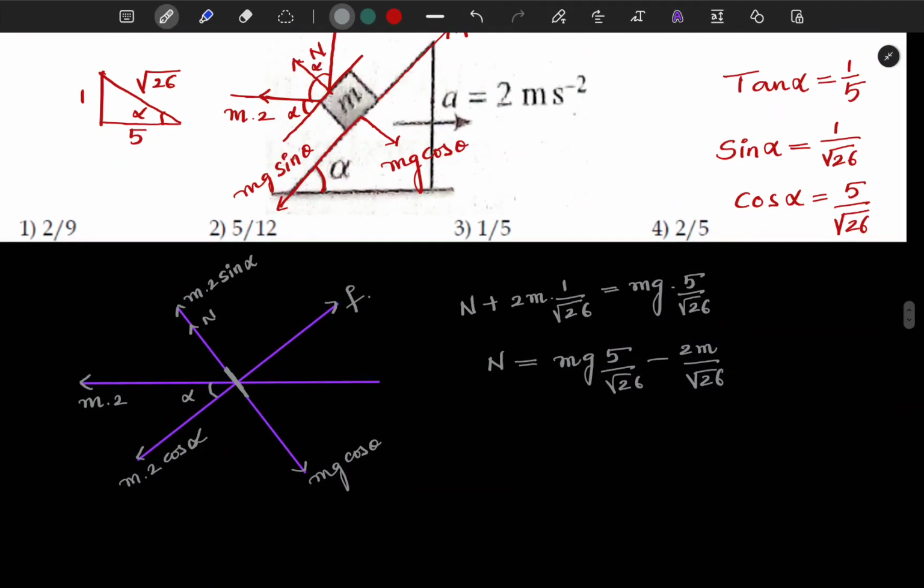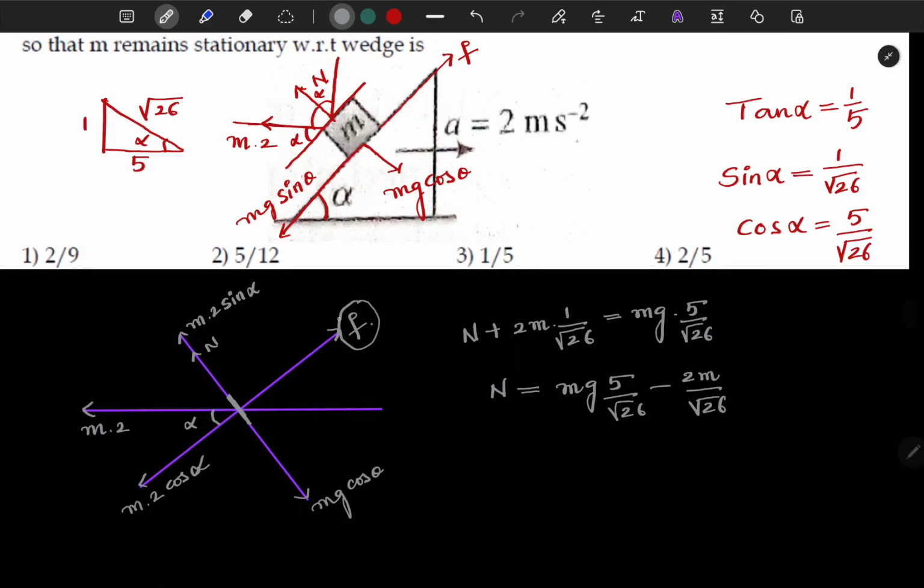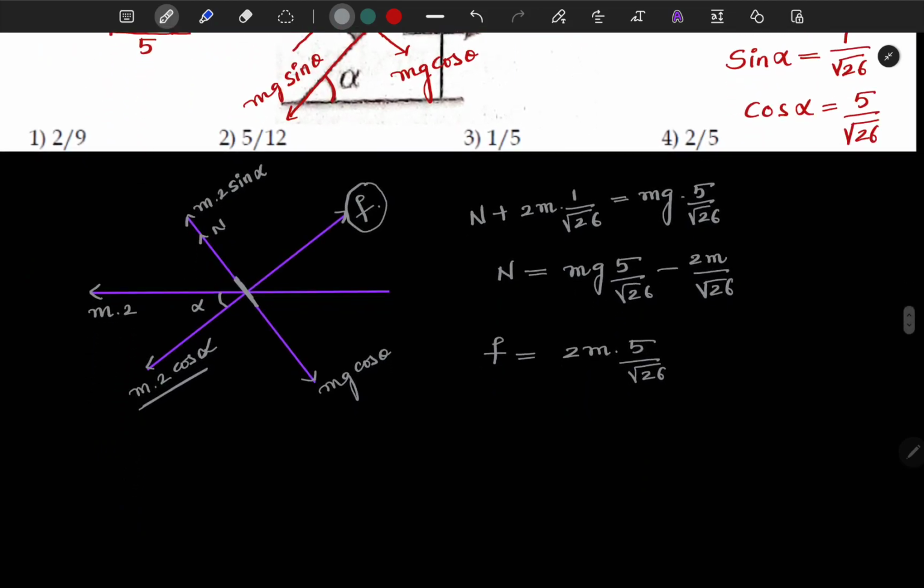Now friction is this one, and this is 2m cos alpha. Also in equilibrium they are equal, so you can write F is equal to 2m into cos alpha, which is 5 by root 26. And also friction is mu times normal reaction. So friction is mu into the normal reaction, which is mg into 5 by root 26 minus 2m upon root 26, equal to friction, which is 2m into 5 by root 26.